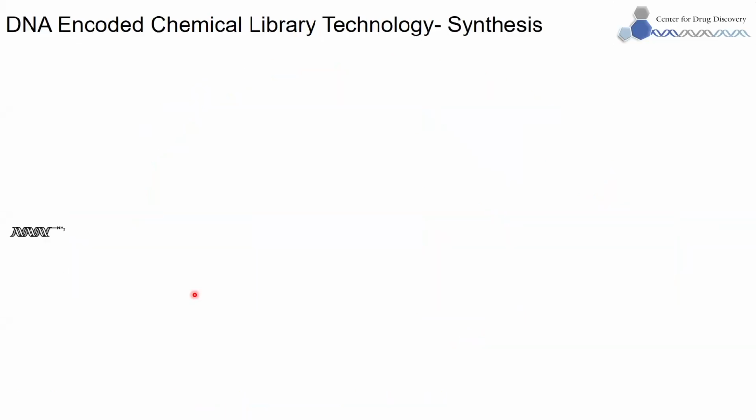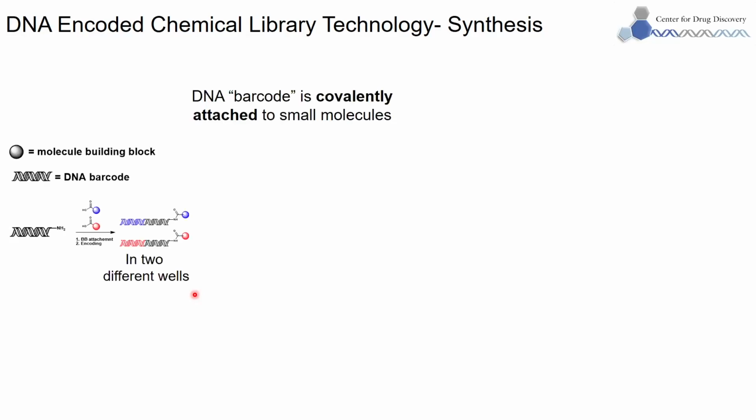So how were these libraries made? I mentioned that we can synthesize billions of small molecules, so how does this process work? I just wanted to give you an idea. As I said, this is the DNA barcode, where a functional group is linked to it through a linker.